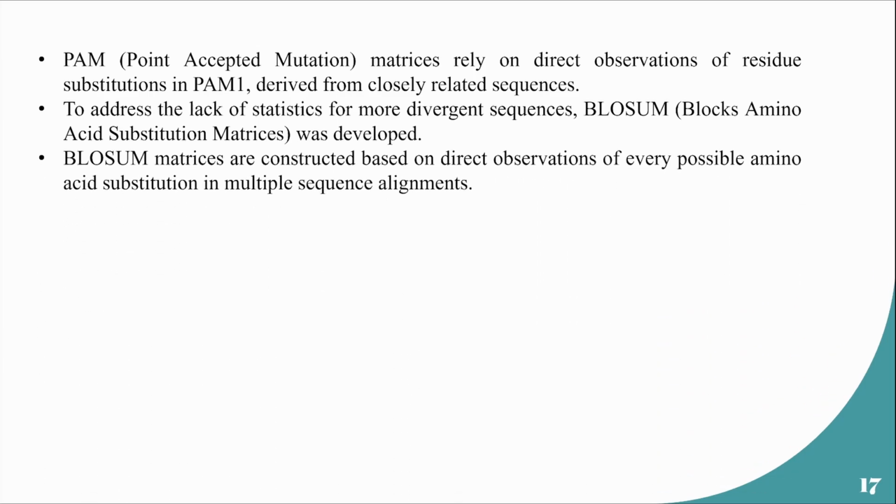Now, because of this lack of statistics for divergent sequences, the BLOSUM matrix was developed, which stands for the BLOcks amino acid SUbstitution Matrix, and it is created from direct observations.